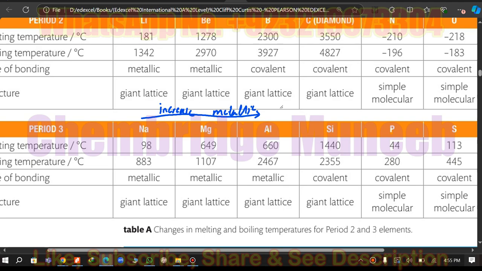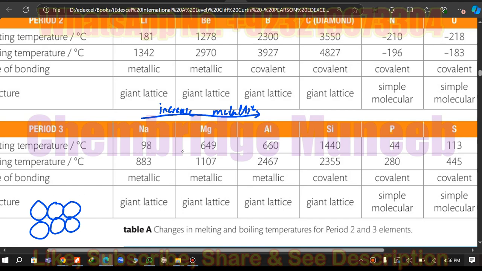More electrons, more protons. Basically, you are considering the attraction. There's more attraction between molecules. There are no molecules in the metals. Stronger forces of attraction between the positive and negative ions.